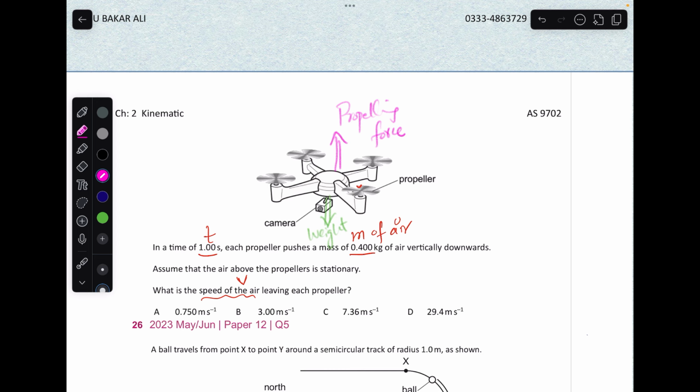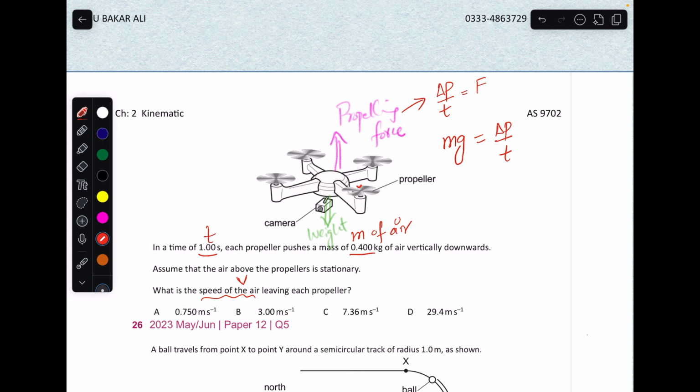They should be equal. So I can write mg is equal to this propelling force, which can be known from Newton's second law: F is equal to change in momentum over time, and weight is equal to mg, so they both will be equal.